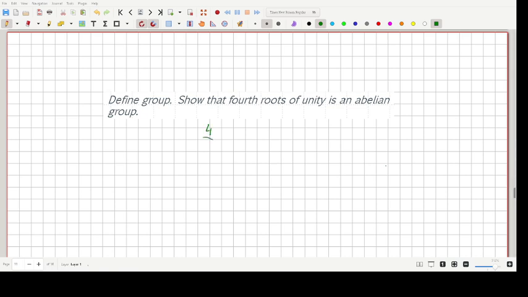So the fourth roots of unity are positive and negative 1 and positive and negative i, where i is equal to the second root of negative 1.